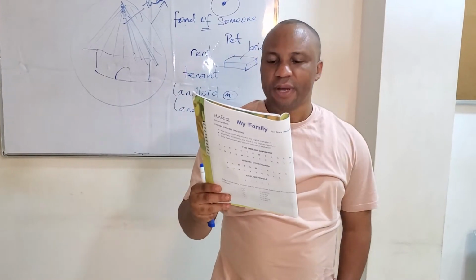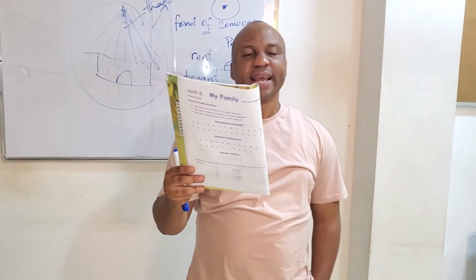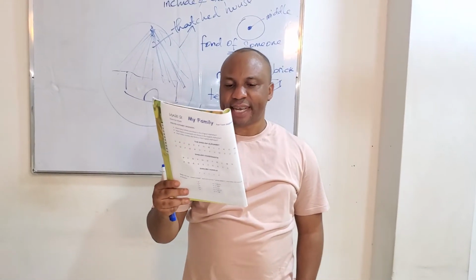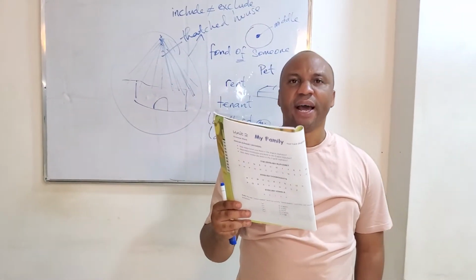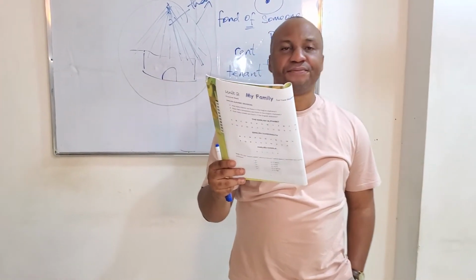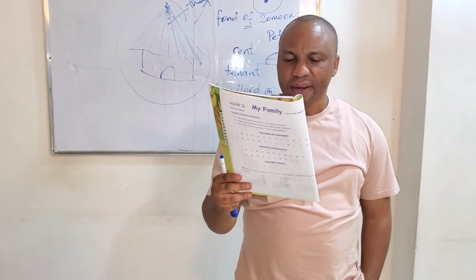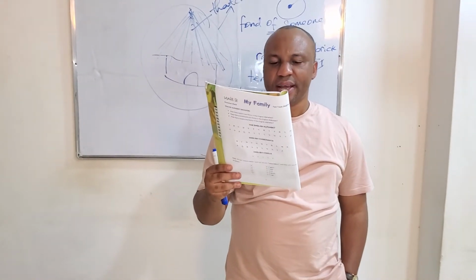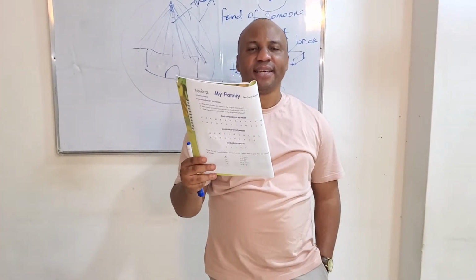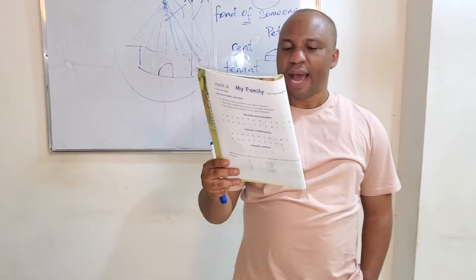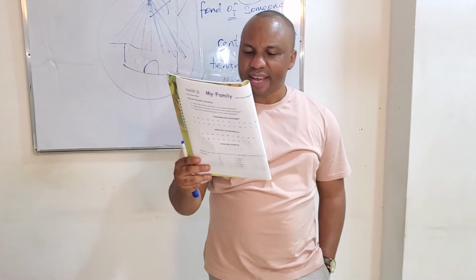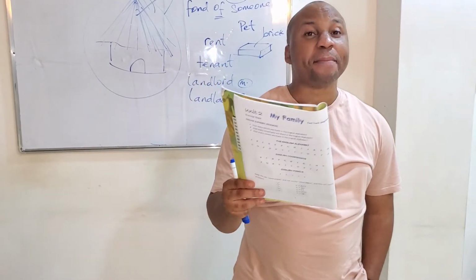My home is situated in the middle of the village. There are 6 members in our family. They are my father, mother, grandfather, grandmother, 2 sisters, and I. I am the 3rd and the youngest child of my parents.